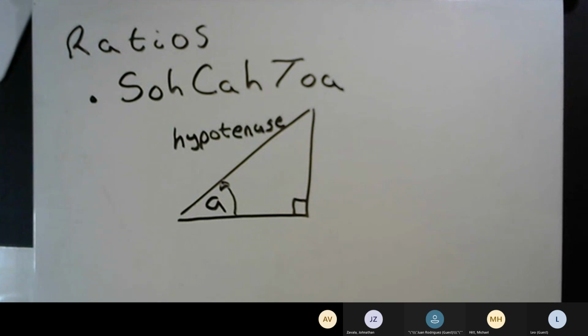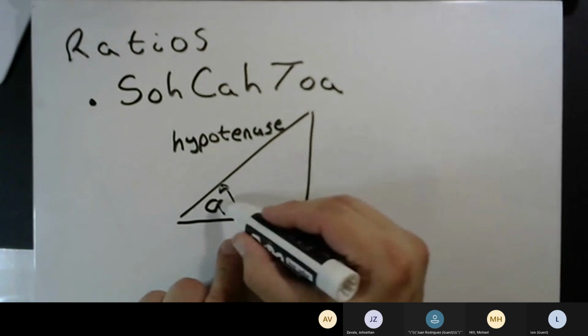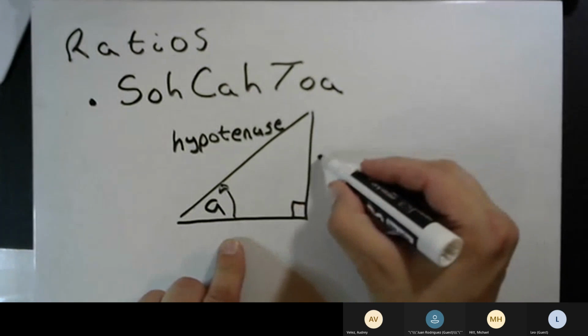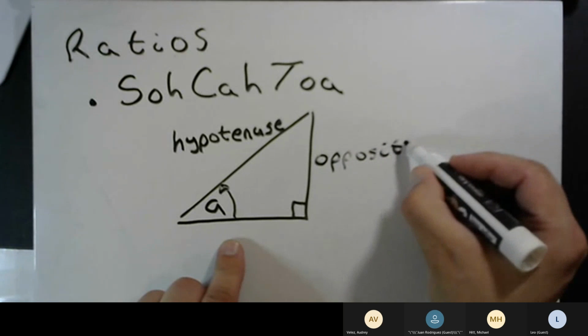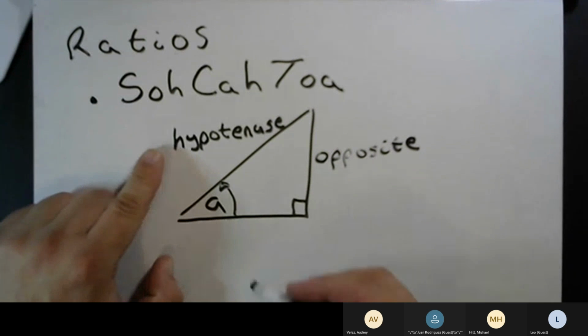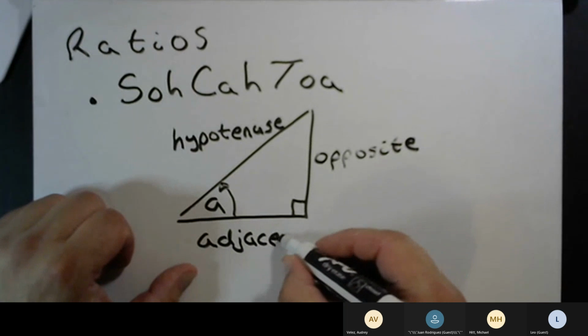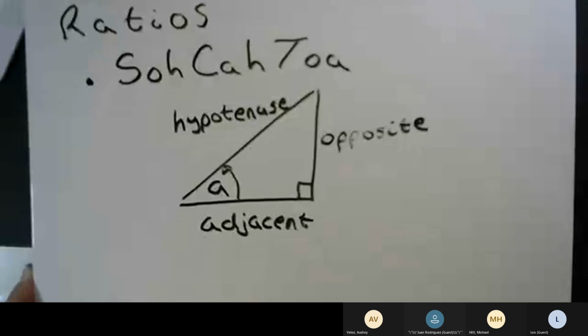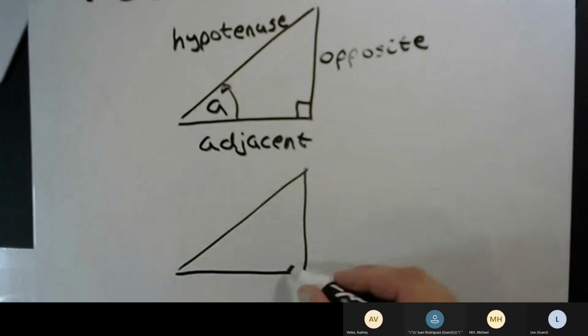Now, for the next two sides, it depends what angle we choose. The side opposite the angle we're interested in is called the opposite. And the side that's next to the angle, but not the hypotenuse, is the adjacent. Depending on how we choose the angle, things can change.